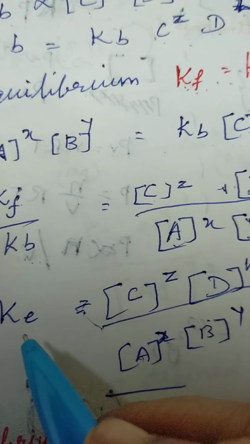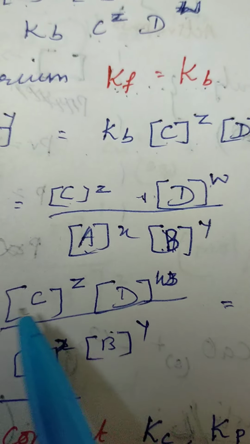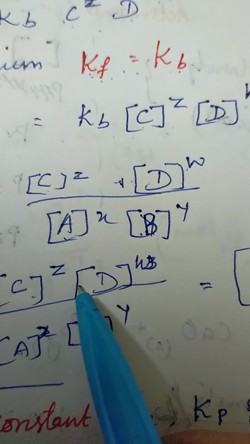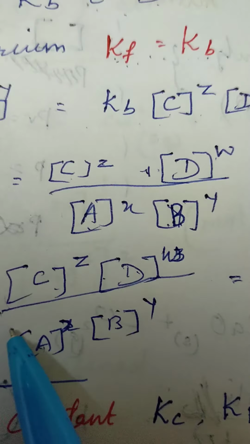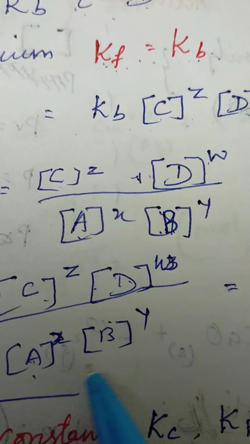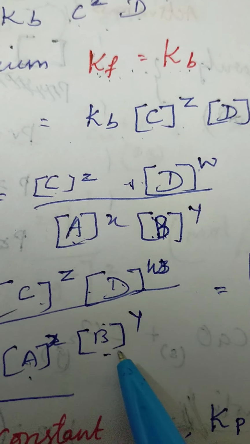So the equilibrium constant Ke is equal to the active mass of C into the active mass of D divided by the active mass of A into the active mass of B.